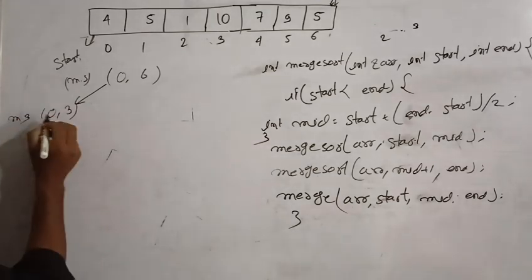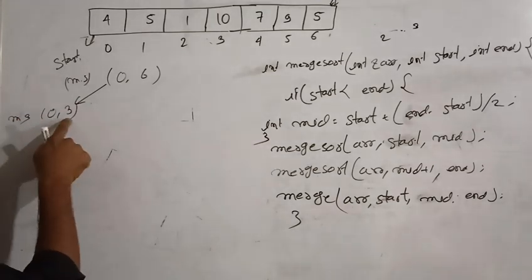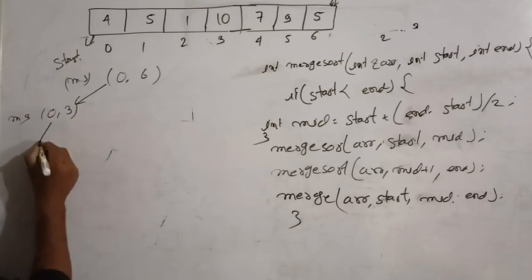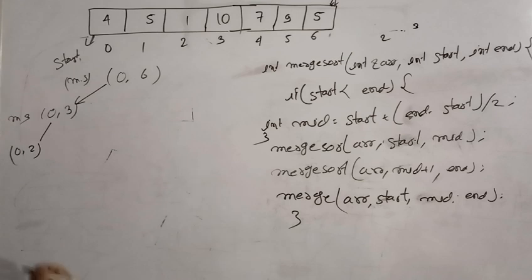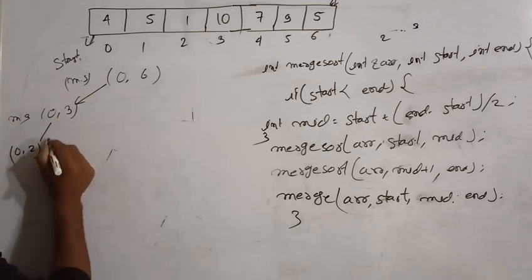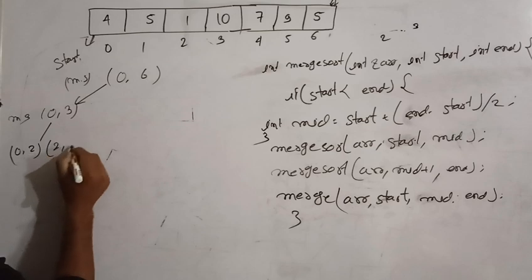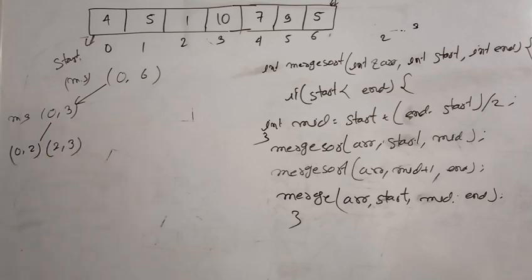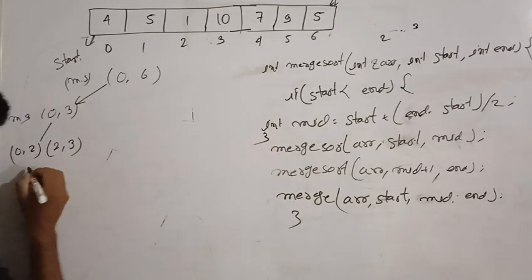Okay, that is fine. Now it's again 0 plus 3 becomes 3, and it will be 0 to 2, and here is 2 to 3. Okay, now again it will call itself.